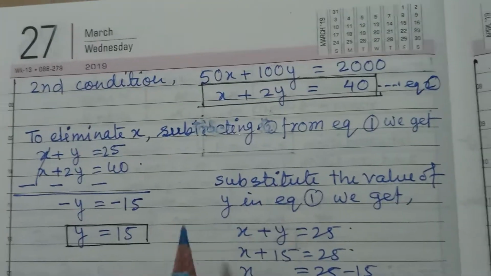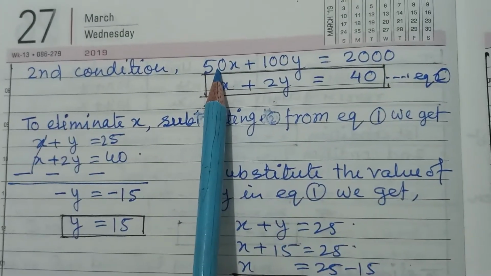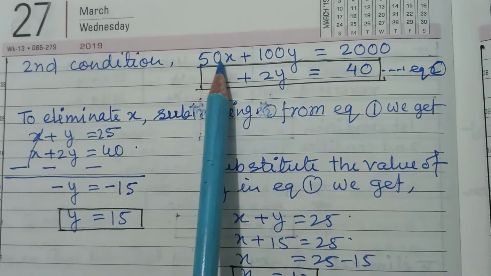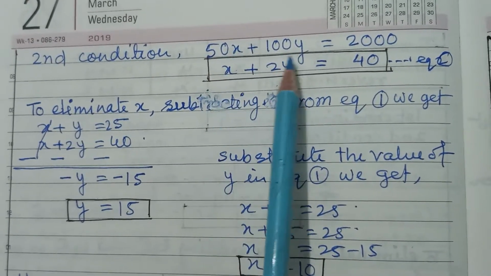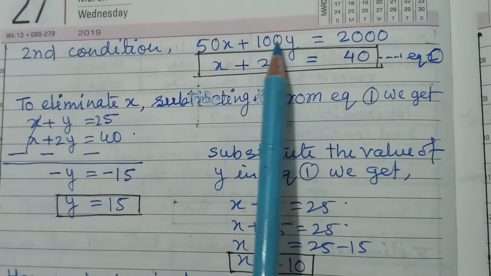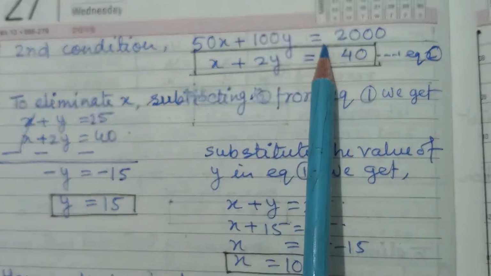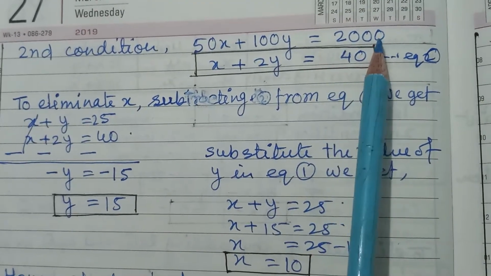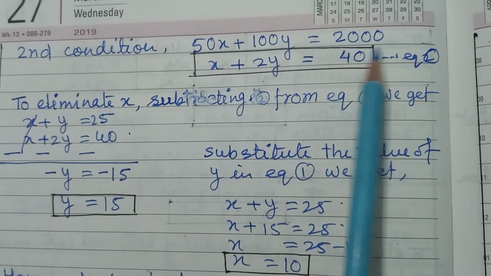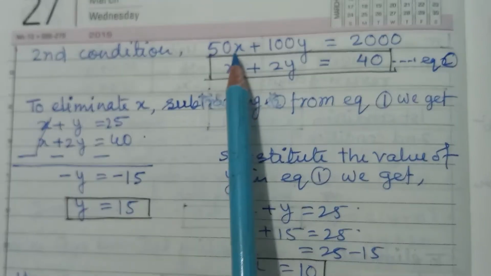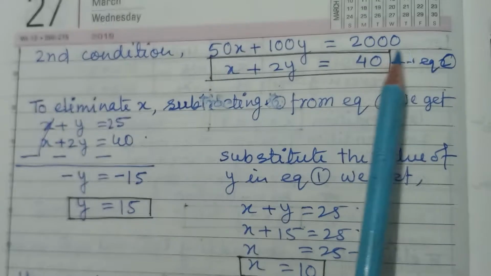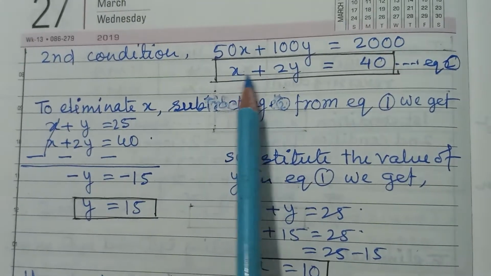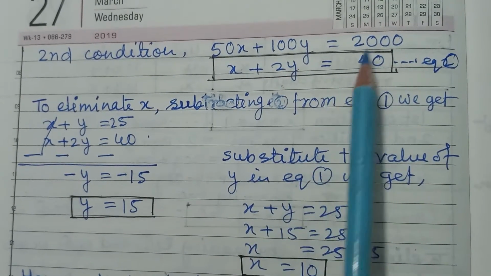Now the second condition has given: 50 rupees notes, so in rupees it is 50 into x, and y is 100 rupee notes, so 100y is equal to the total money, which was 2000. Now you can divide these three terms by 50. It is x plus 2y is equal to 40.